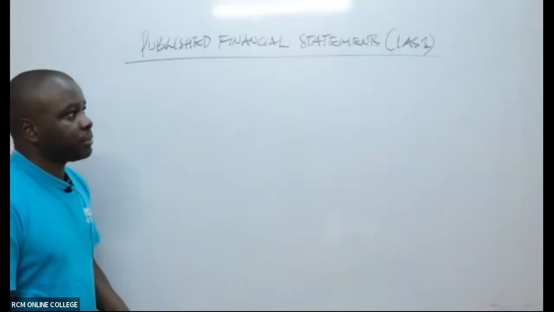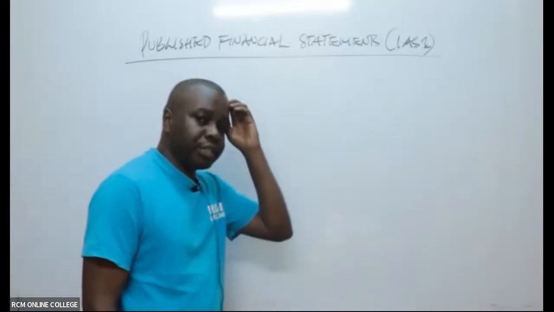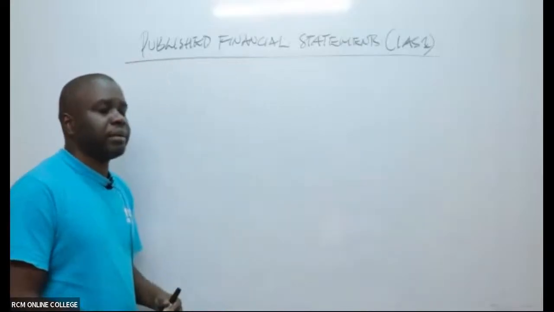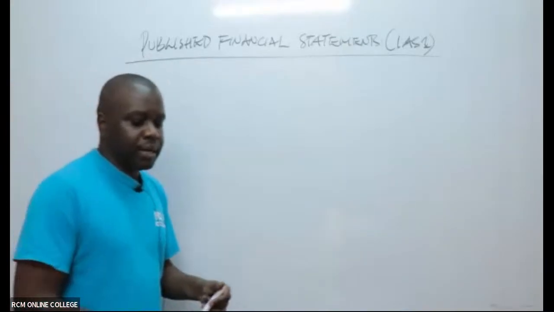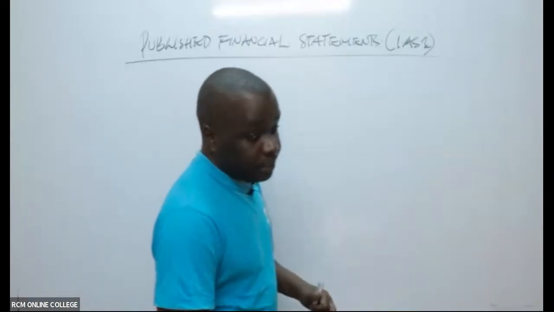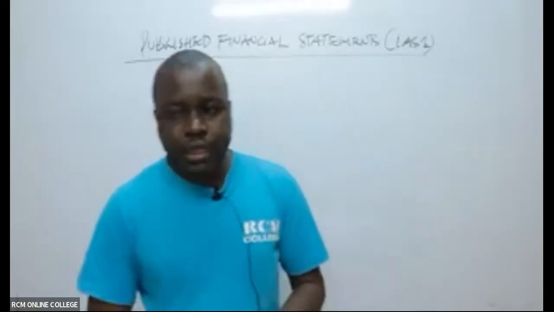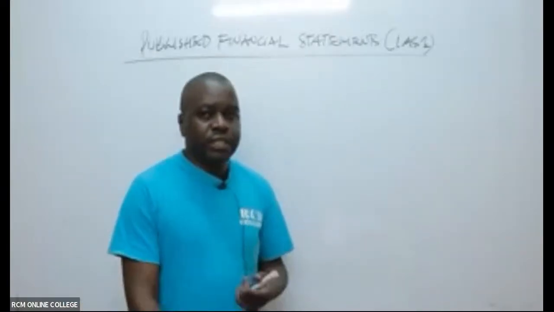There are key financial statements that will have to be published. For example, public entities could have to make them public. We have, for example, the statement of comprehensive income, the balance sheet, the statement of changes in equity, and the cash flow statement.